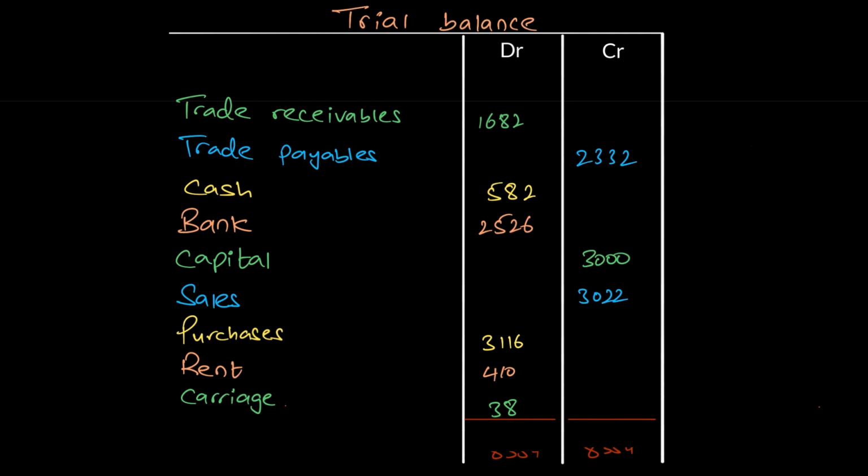So now I would want you guys to first add up the debit column, then add up the credit column. And if we have done our work properly, the total of the debit column should be equal to total of the credit column. So I'll give you guys some time. Do try to first find the totals and then I'll show you the answer.